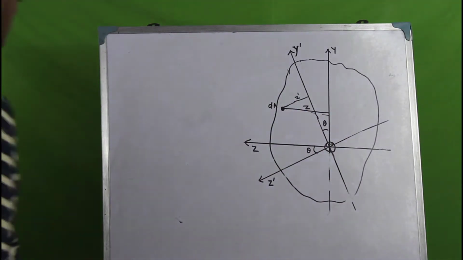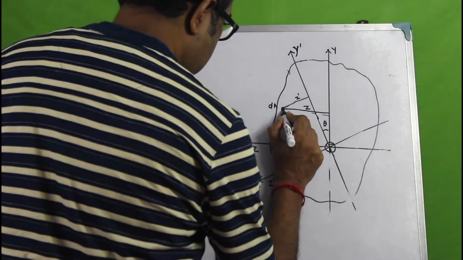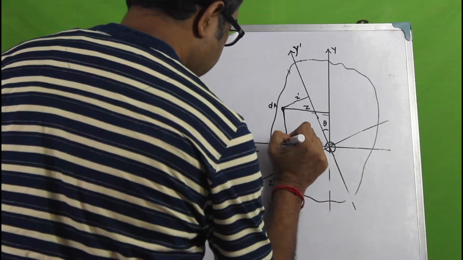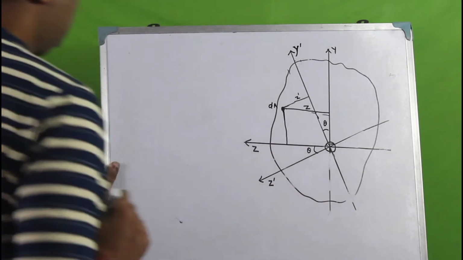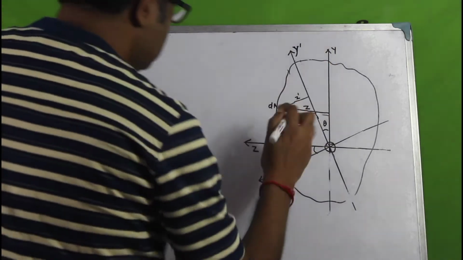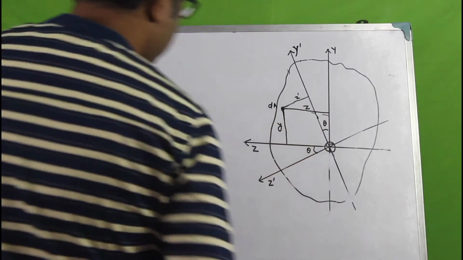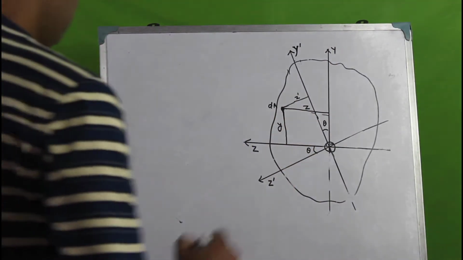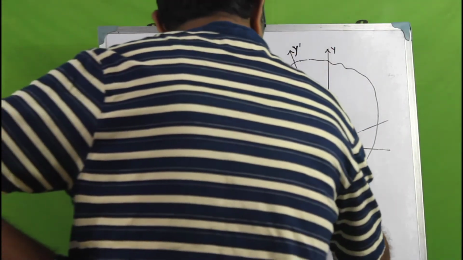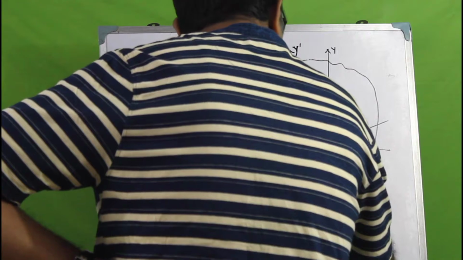Now, in the same breath, we consider the vertical distance to the z axis measured parallel to y. So this would be y, and the distance of dA parallel to this y dash axis.